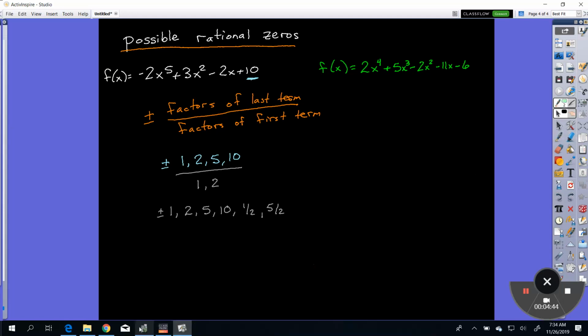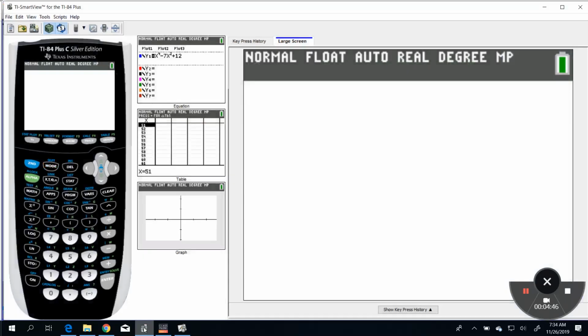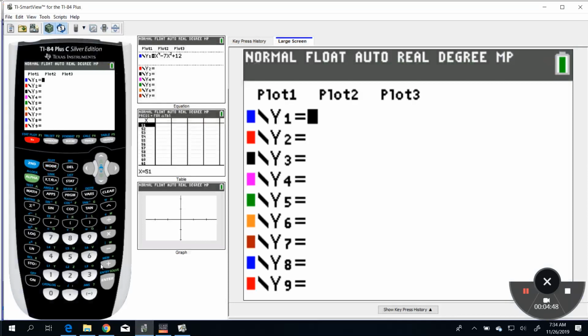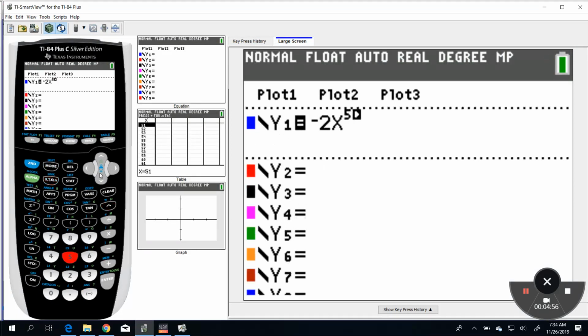You're going to go to your calculator. And you're going to go to y equals. And you're going to type in what it was, which was negative 2x to the 5th plus 3x squared minus 2x plus 10.